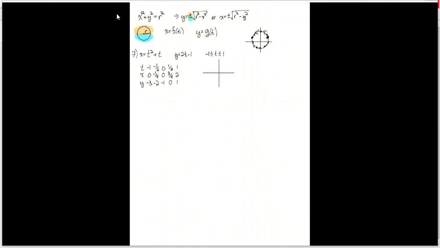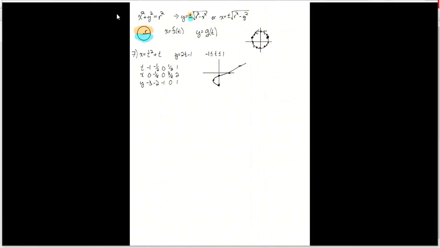With our very first point, 0, -3, we're somewhere down here. And then we come up 1 unit, move a little bit off to the side. Then we come back to the y-axis. Then we're just on the x-axis, and then we come off of it. So the parametric equation looks something like this.